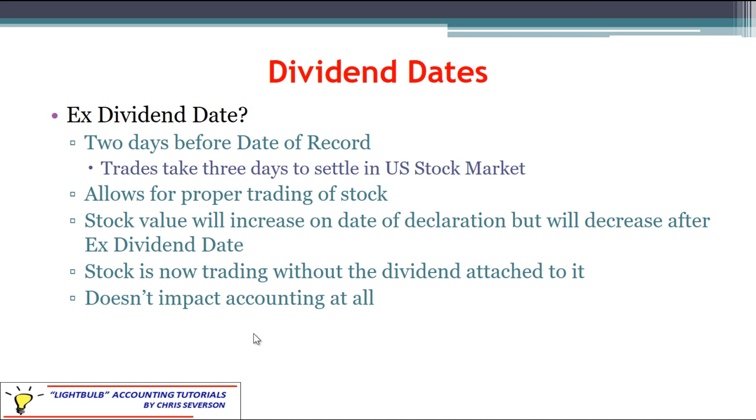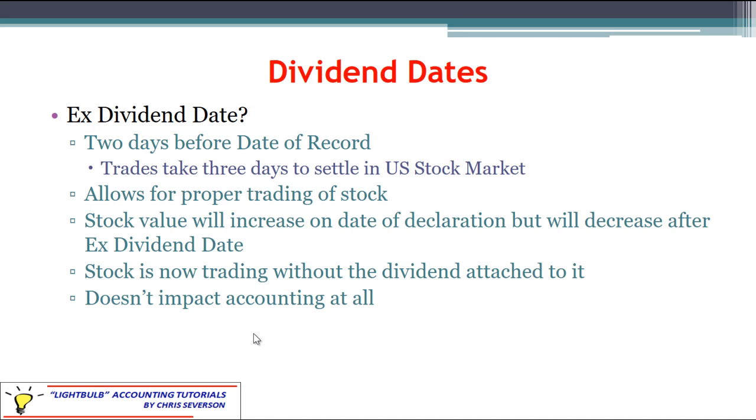It will become in higher demand. So the stock on the stock market will increase in value to account for the fact that now there's a dividend that will be attached to it. But on the date of record, that value will drop, because if you buy the stock on the date of record, you no longer have that dividend attached. You'll have to wait until the next year to get a dividend.